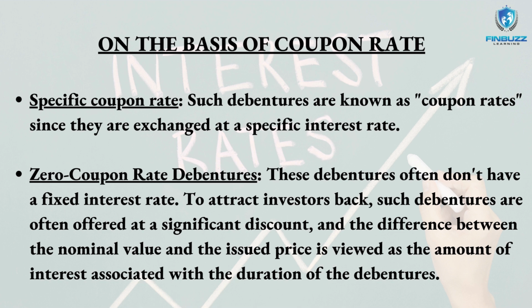Normally, these debentures do not have a fixed interest rate. Such debentures are issued at a sizable discount in an effort to win back investors, and the difference between the nominal value and the issued price is regarded as the amount of interest related to the period of the debentures.